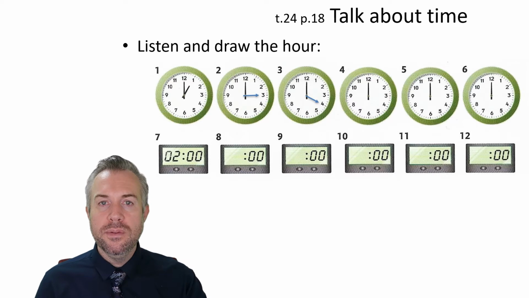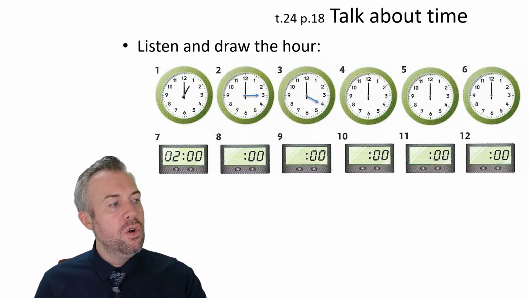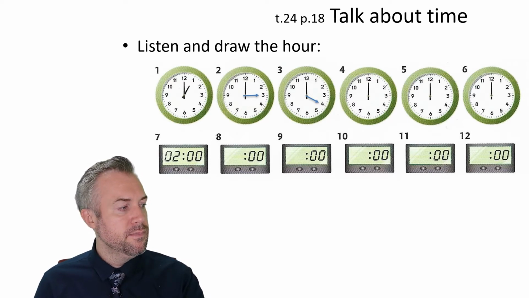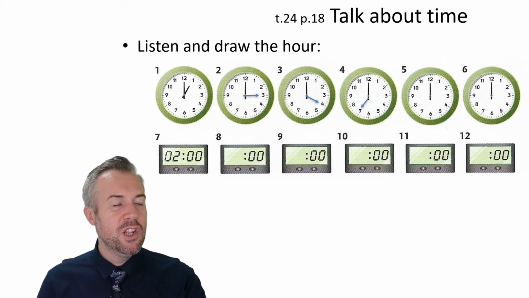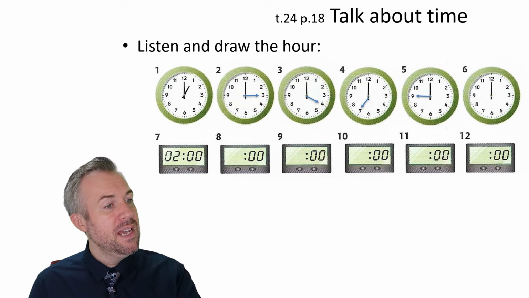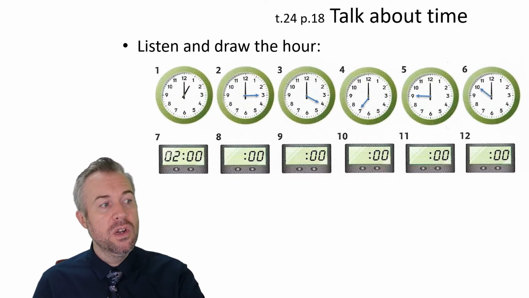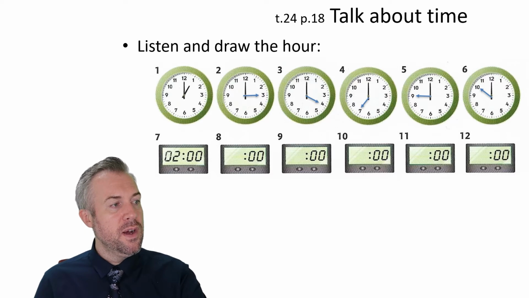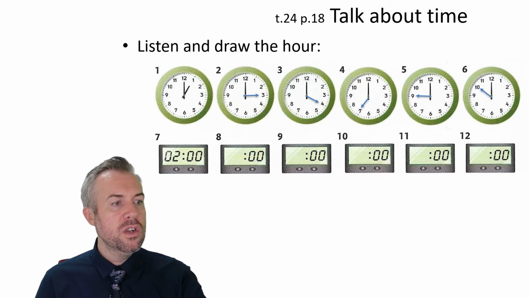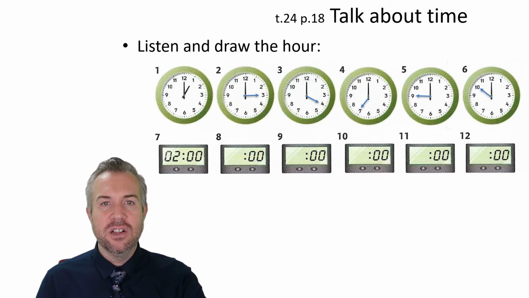How about number 4? It's 7 o'clock. How about number 5? It's 9 o'clock. And the last analog clock, what time is it? It's 10 o'clock. So far we have 1 o'clock, 3 o'clock, 4 o'clock, 7 o'clock, 9 o'clock, and 10 o'clock.